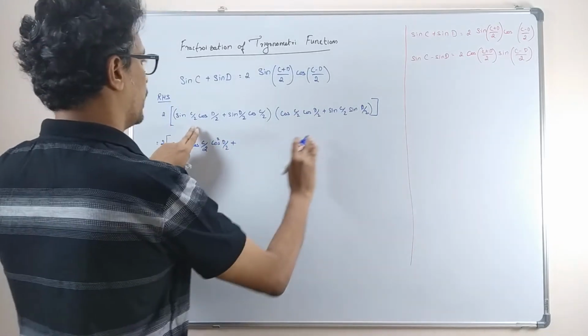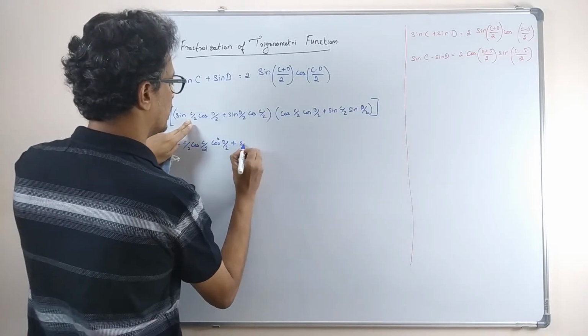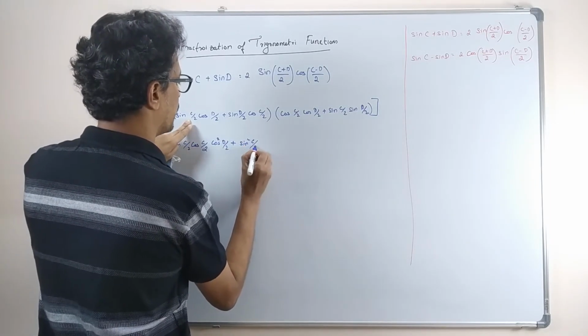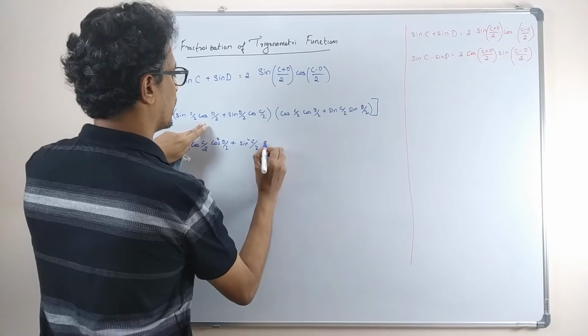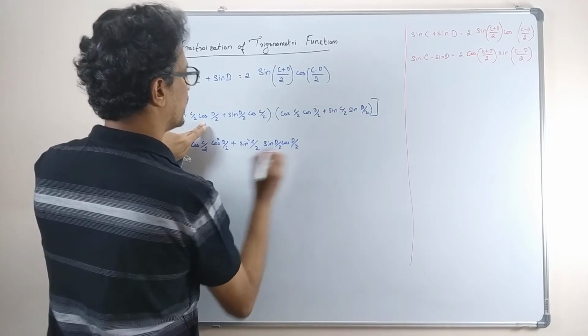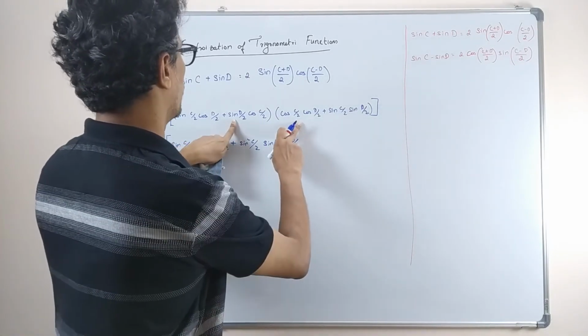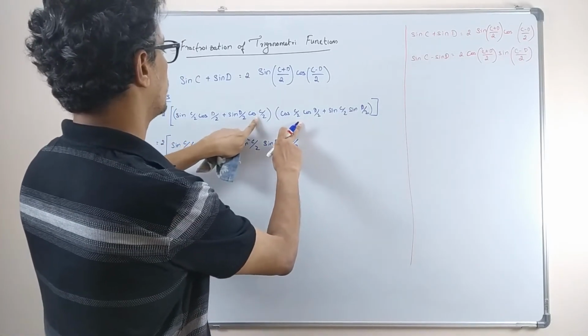Plus when I am multiplying these two, it will be sin square C/2 sin D/2 cos D/2. Correct? So from here itself you can get the answer. Now when I am multiplying these two, which will get squared? So this will get squared.